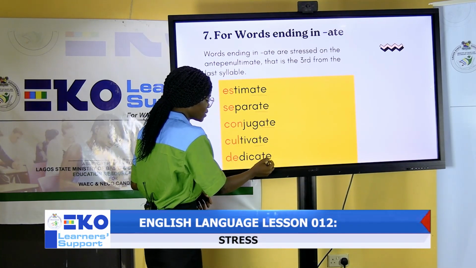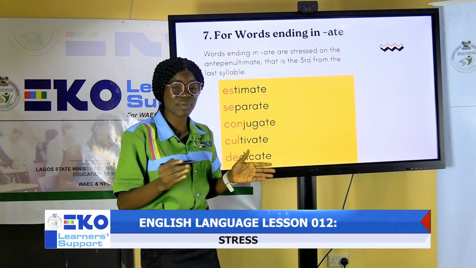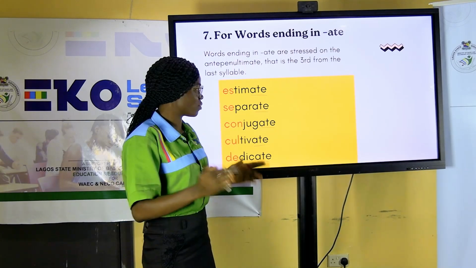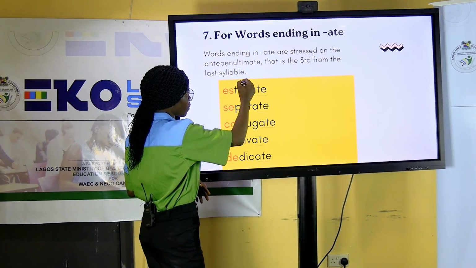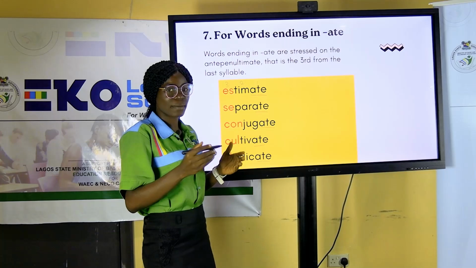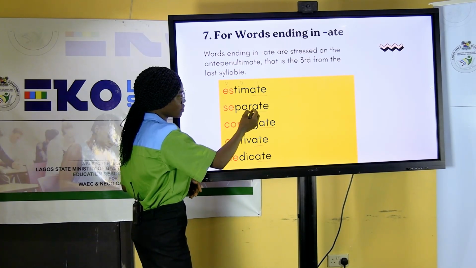As you can see right here. And if you are to look at the antepenultimate syllable, as I've said earlier, it is the third syllable from the end. So let's count. 1, 2, 3. So it will be estimate. Estimate. That's the third syllable from the end.